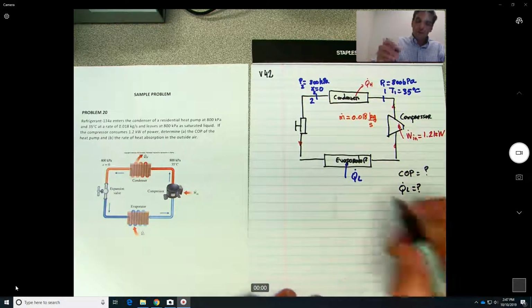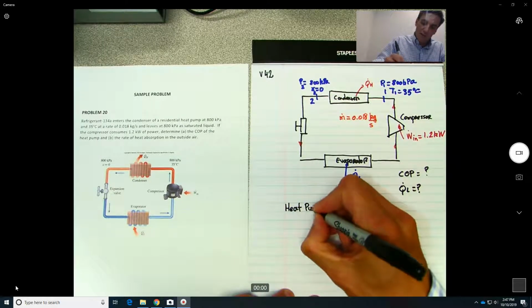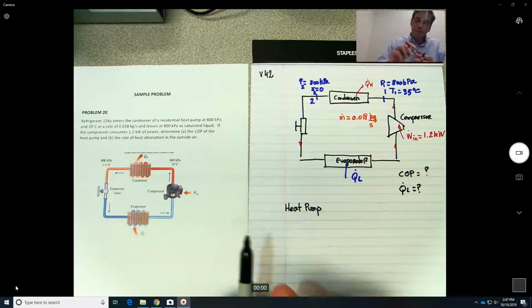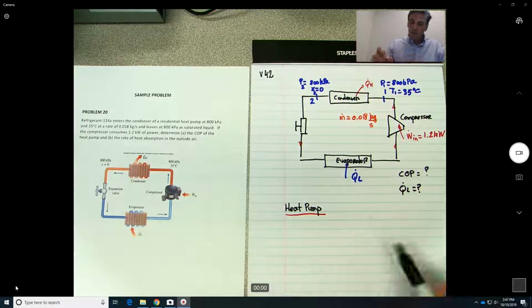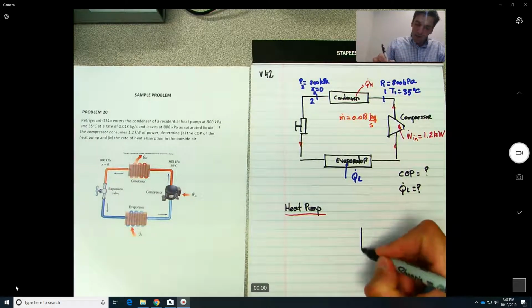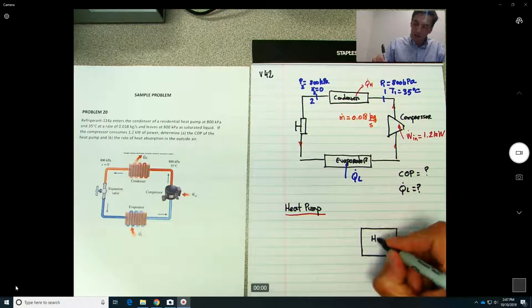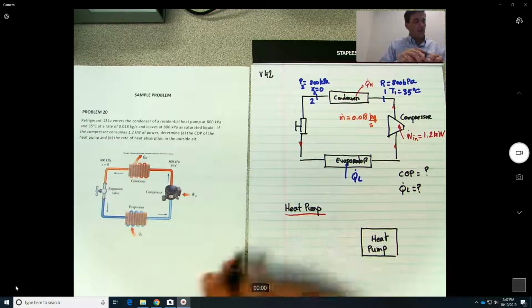Alright, so first let's see, what is a heat pump? I think that's important, because heat pump and refrigeration cycle are kind of similar. So let's say here we have a heat pump system.